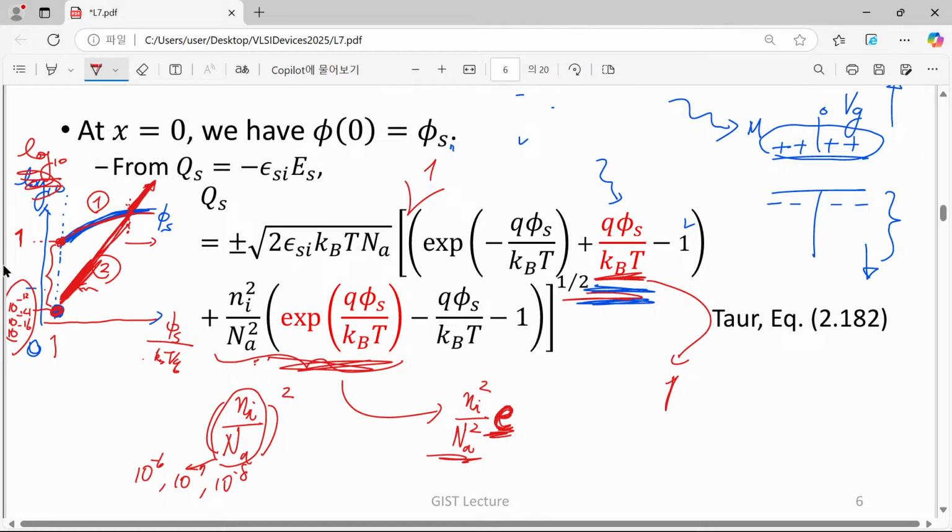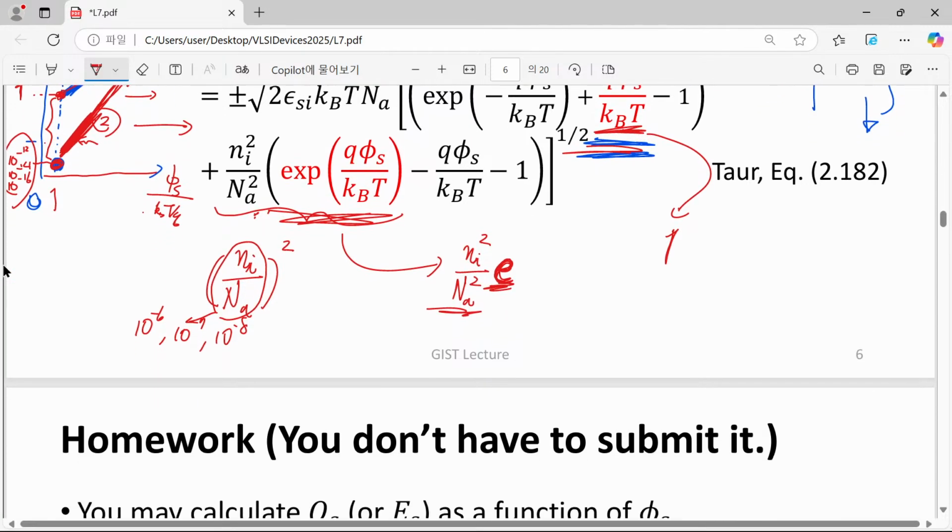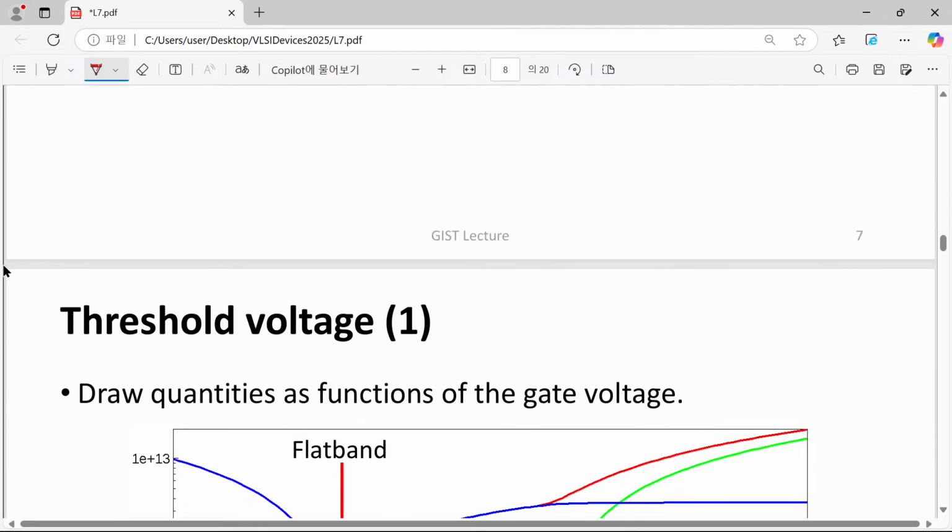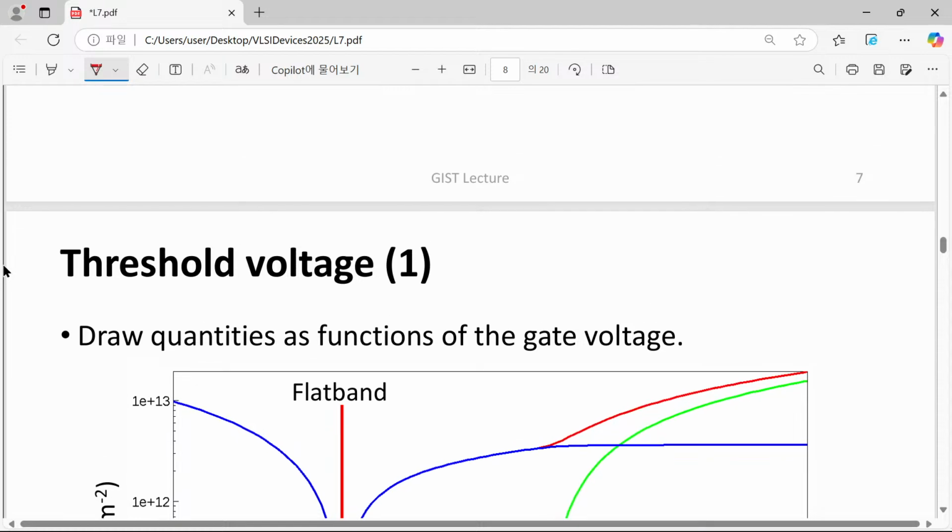Actually, that is the most important question, because in the engineering sense, we want to find out that point. Up to this point, we do not have a sufficient number of electrons, but beyond that point, we have a sufficient number of electrons. Maybe you have heard about this condition, threshold.